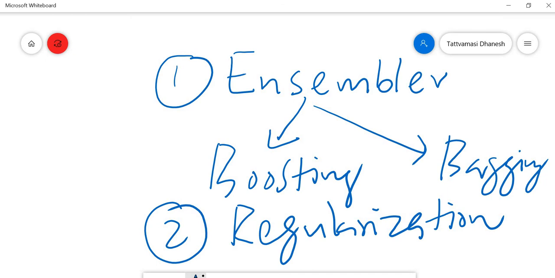So these are all the approaches we usually use to optimize the bias and variance. One is the ensembler method, which is of two types, boosting and bagging. The second one is regularization. So this is all about bias and variance trade-off. Thanks for watching.